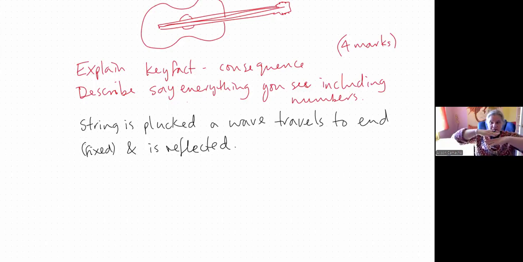But if waves are traveling in opposite directions, it makes no sense to talk about the phase difference between them. It's constantly changing. So coherent waves are waves which come from two sources, usually side by side.